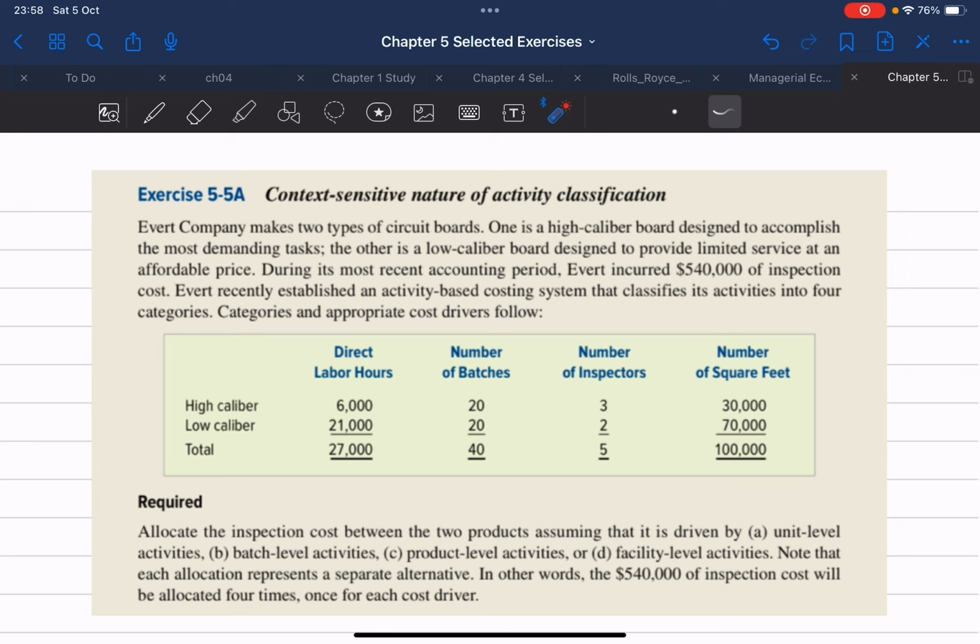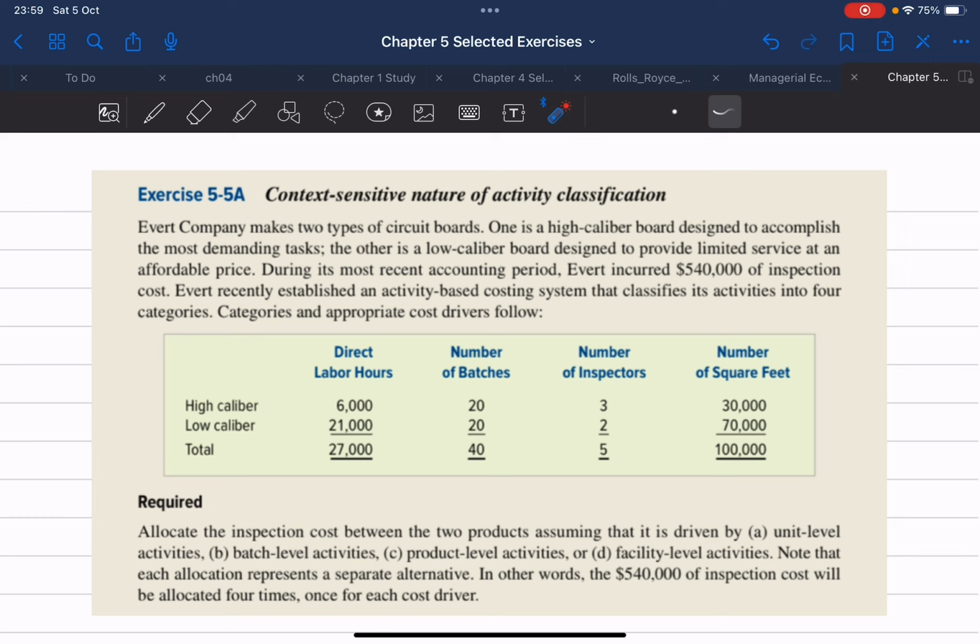In this video, we're going to be looking at Exercise 5-5A, so let's read it together. The exercise says, Everett Company makes two types of circuit boards. One is a high caliber board designed to accomplish the most demanding tasks. The other is a low caliber board designed to provide limited service at an affordable price. During its most recent accounting period, Everett incurred $540,000 of inspection costs.